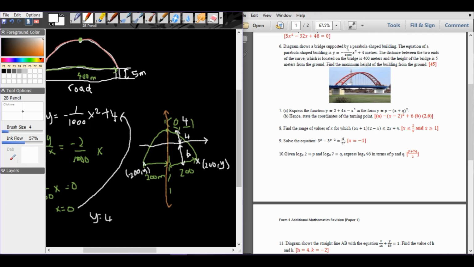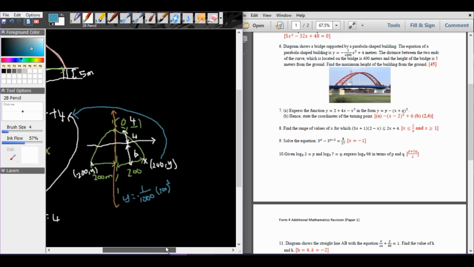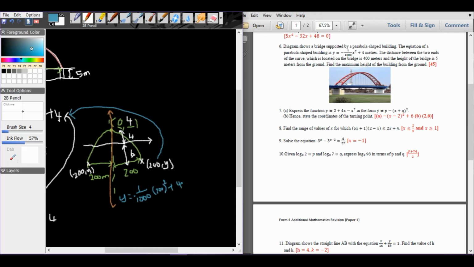To find this y-coordinate, we just substitute 200 into this equation. Then you will have y equals negative 1 over 1000 times 200 squared plus 4. Then the answer will be y equals negative 36. So y is negative 36. That means the height of this b is 36 meters.